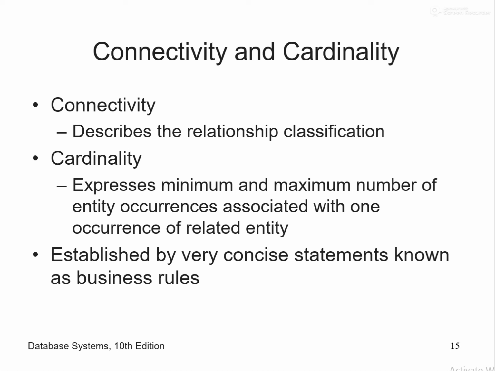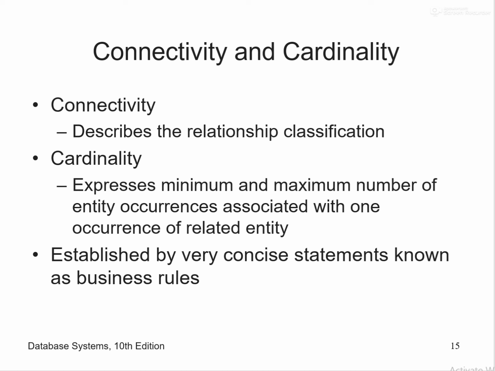Connectivity describes the relationship classification. Relationship classification, we know, is one to one, one to many, or many to many. But cardinality is something new. We can define cardinality as the minimum and maximum number of entity occurrences associated with one occurrence of the related entity.